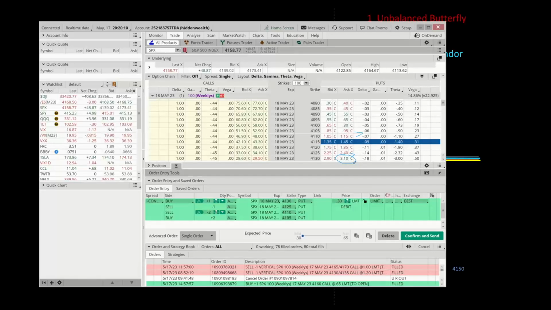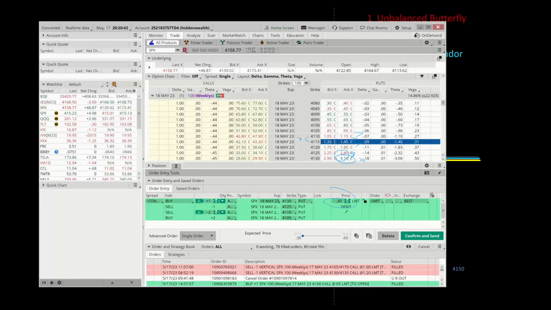My long put spread is trading for what? 70 cents, right? Here you see this is 40 cents, 30 cents. So the 1510 is trading for 30 cents.